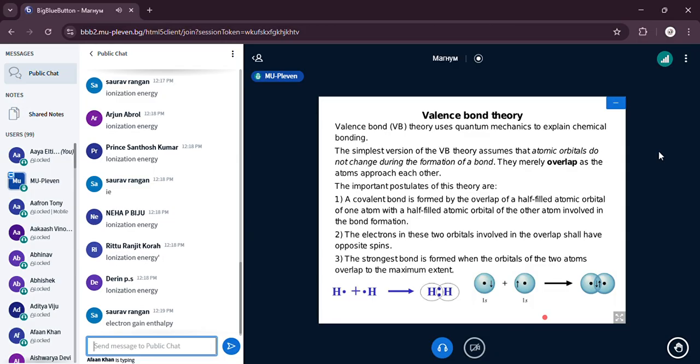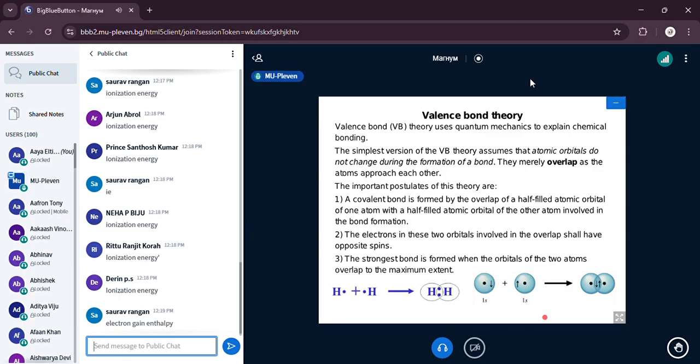According to valence bond theory, a covalent bond is formed by overlapping of half-filled atomic orbitals. What is the meaning of half-filled? Having one electron only, with a half-filled atomic orbital of the other atom.